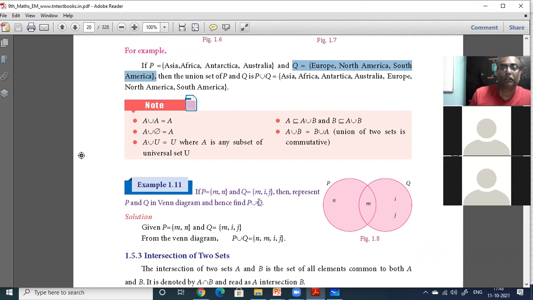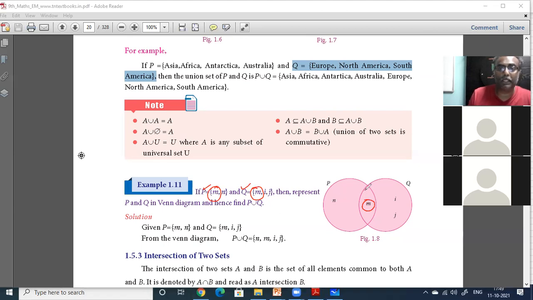Now see how they have drawn the Venn diagram. Are the sets overlapping or disjoint? Overlapping. Which is the overlapping element? M. So M should come only once.